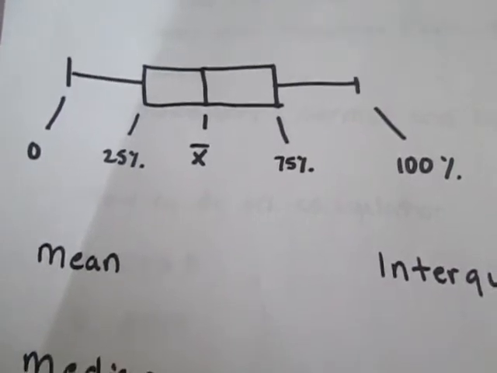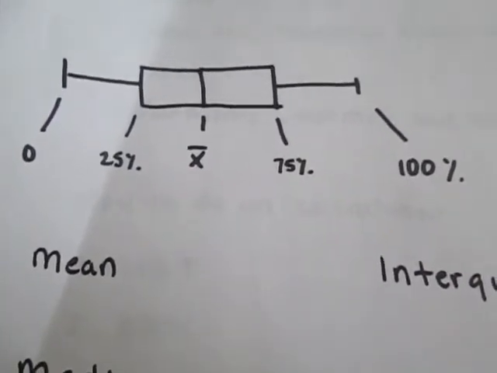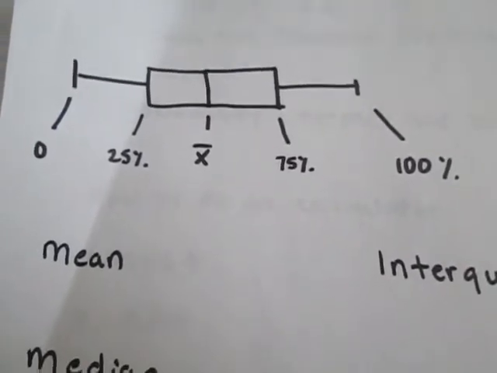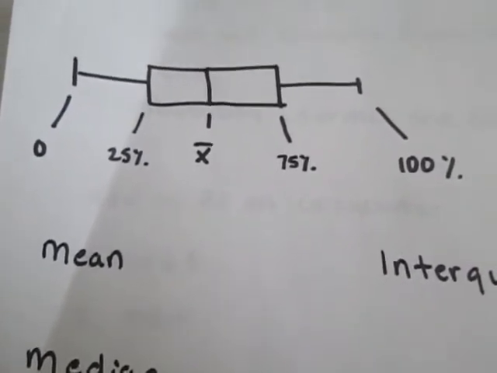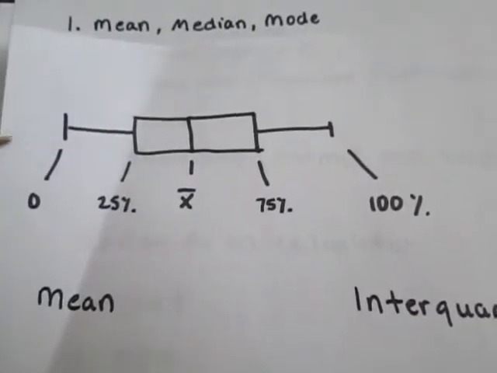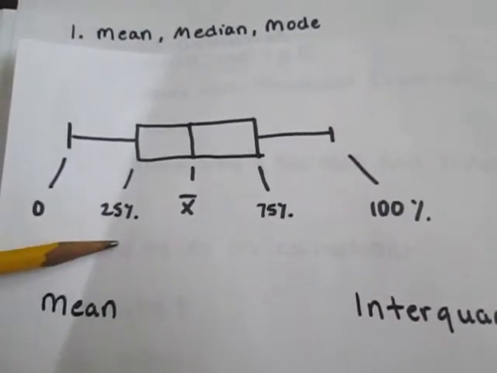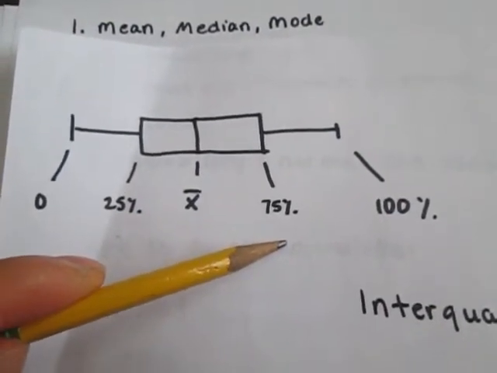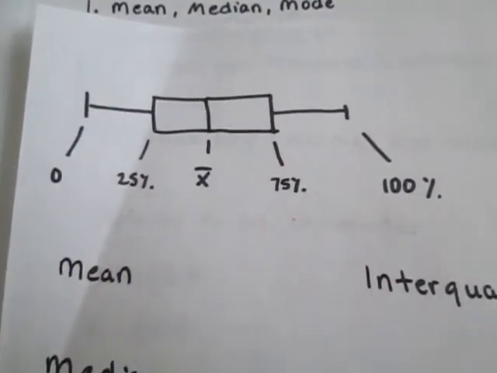You may be asking yourself, what is a quartile? A quartile is basically the same thing as a percentile, except at the quarters. So if you have a box plot, you can see the 0, the 25, the 50% or the mean, the 75 and the 100%.